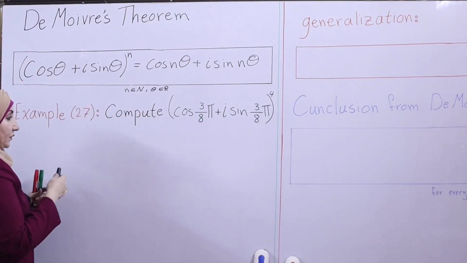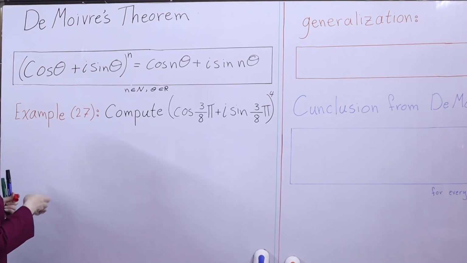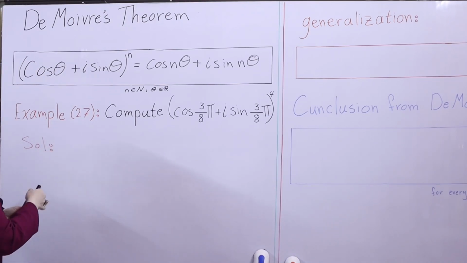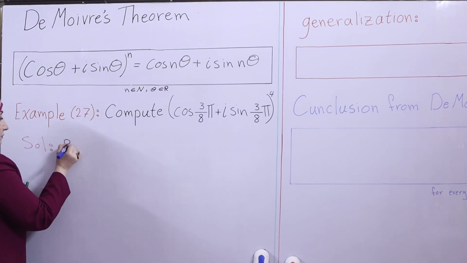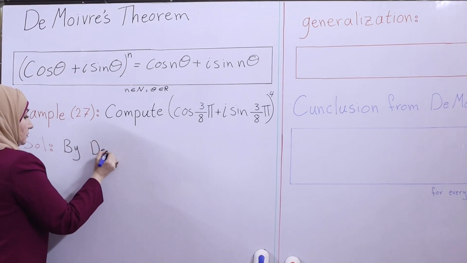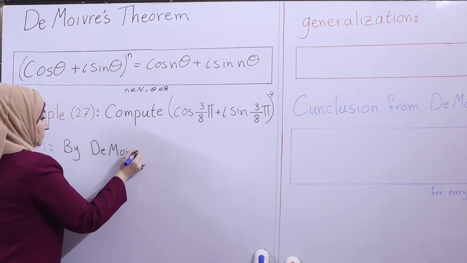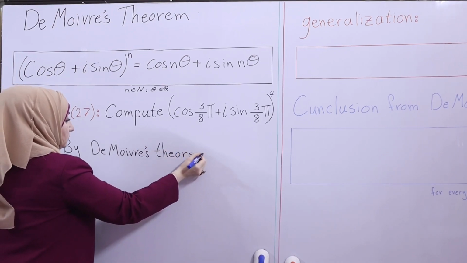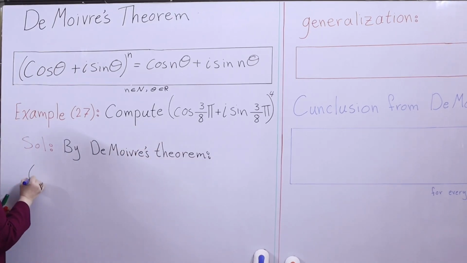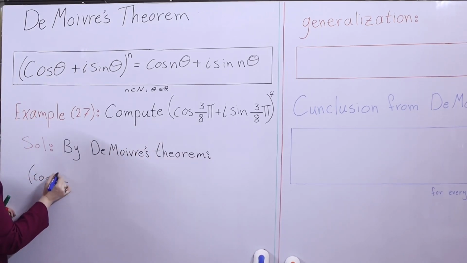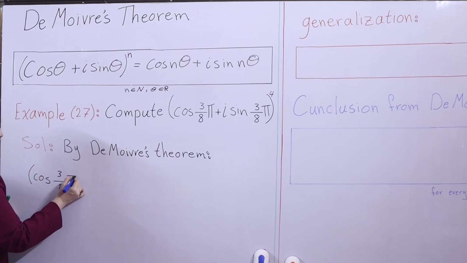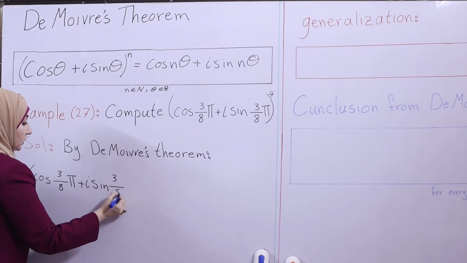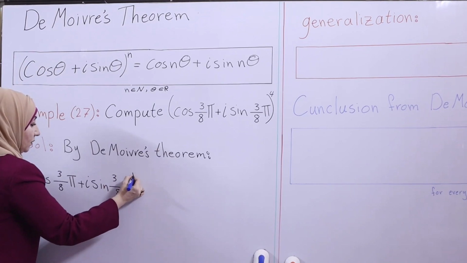To solve this example, by DeMoivre's theorem, cosine 3 on 8 pi plus I sine 3 on 8 pi all power 4.